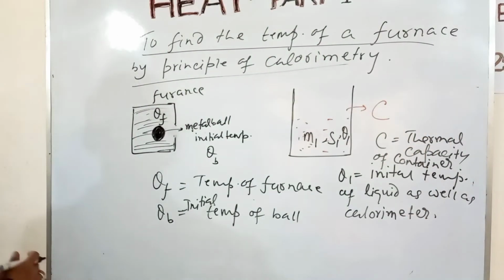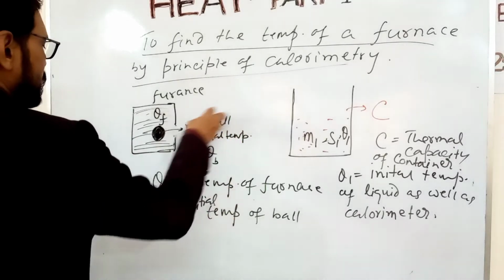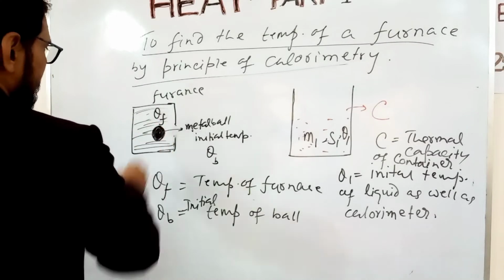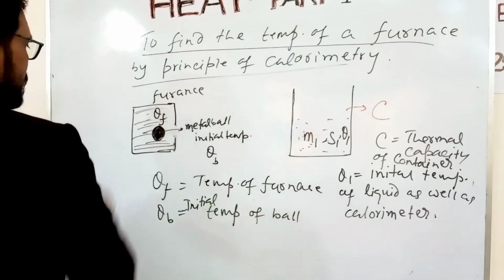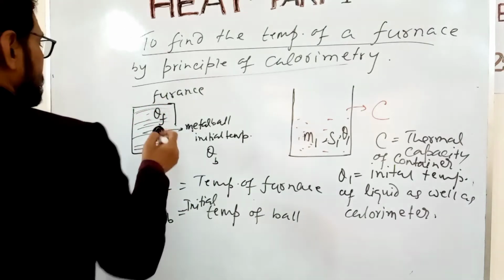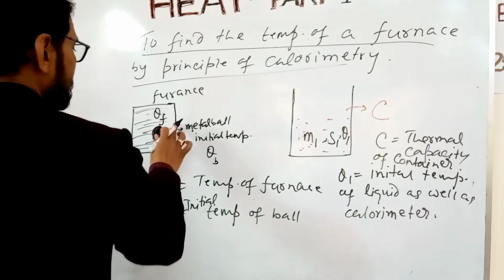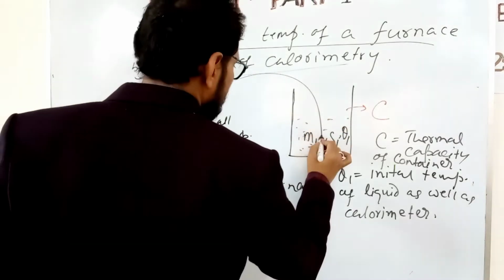Now first the metal ball is put in the furnace. When it is heated and attains the temperature of the furnace, then we quickly shift the metal ball into this liquid.